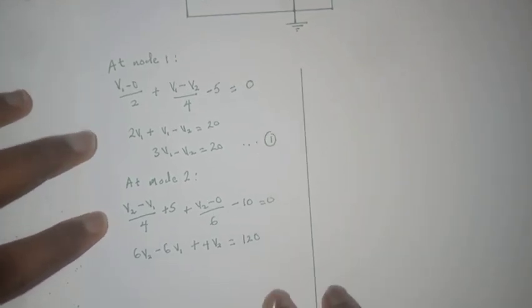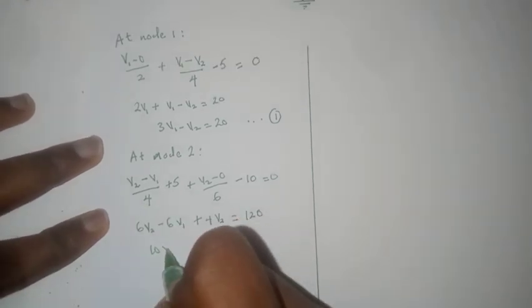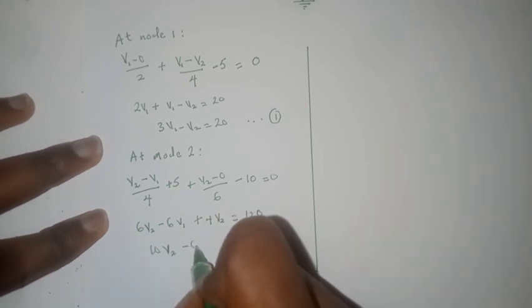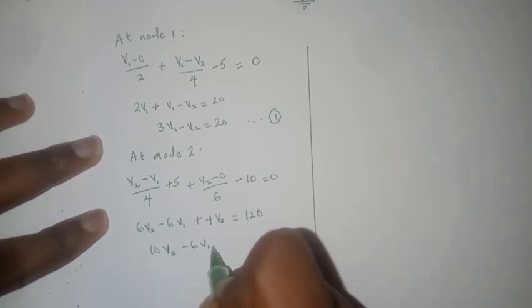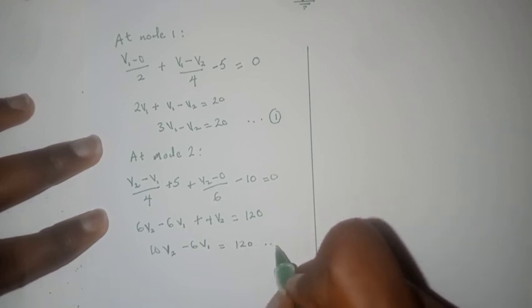So that would give us 10V2 minus 6V1 equals 120. Let's call this our second equation.